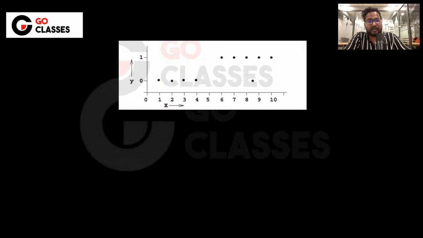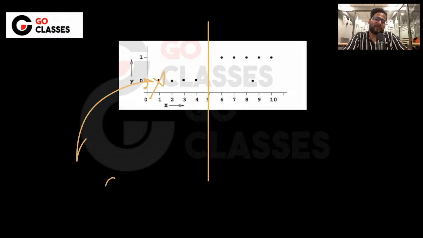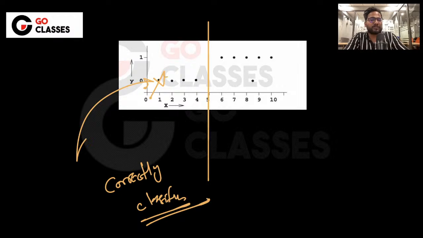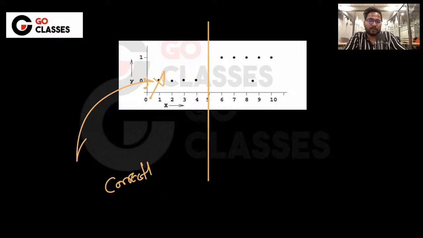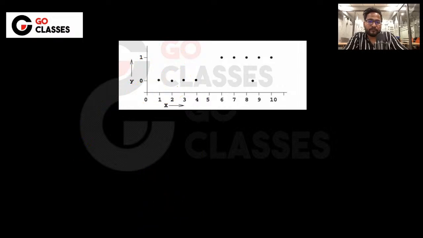As they are giving the hint in the question itself, you will be splitting on 5 anyway. So if you leave it out and then put it back, you will be correctly classifying it, and similarly for this one. Now what about this? This could be the interesting case. What if you leave this? Then it will be C. It will be 3.